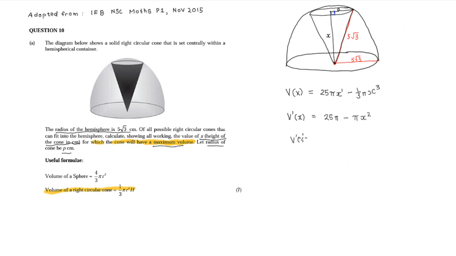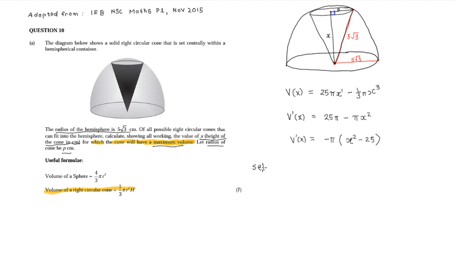We can rearrange this and write v prime of x as equal to, I can take out a common factor of negative pi, and when I do that, I'll be left with x squared minus 25. So we can see now that inside of the bracket we have a difference of 2 squares, and we can work with that very nicely.